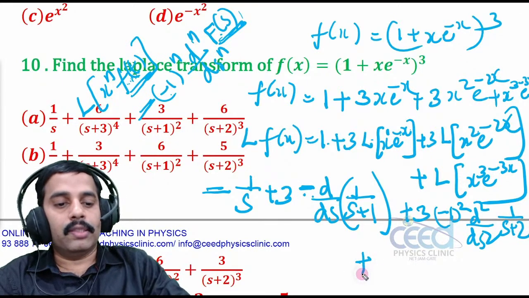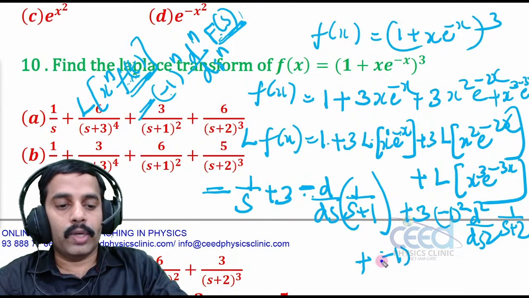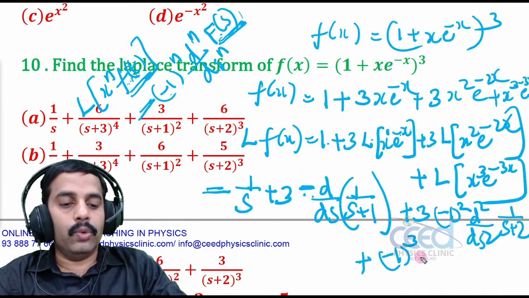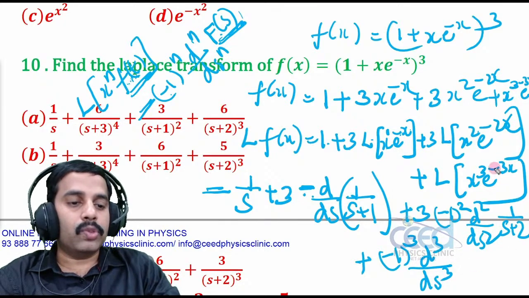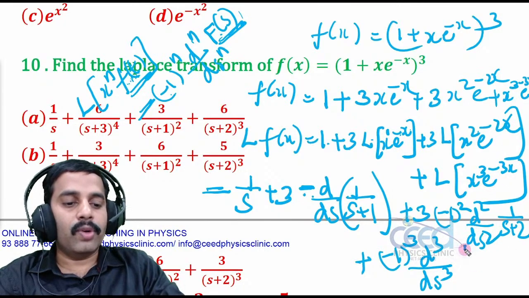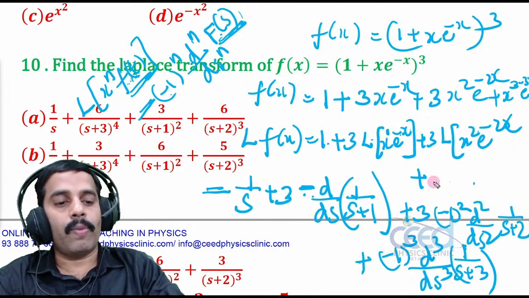And plus again here x cube, so minus 1 whole cube into d cube by ds cube of Laplace of e raised to minus 3x, that is 1 by s plus 3. Now the step is over. Now we need to differentiate only.